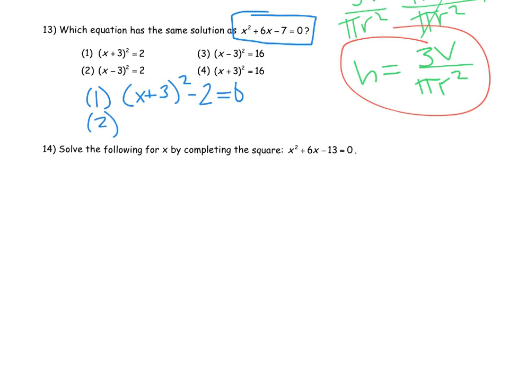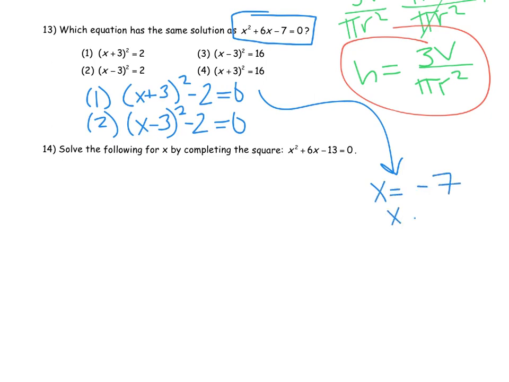Your second answer choice will look like x minus 3 squared minus 2 equals 0, etc. Whichever graph matches the one that you have, that's your answer. And if you actually do this by completing the square, I'll show you this as well. You should end up getting x equals -7 and x equals 1, which ends up being answer choice 4. Those two things both match.